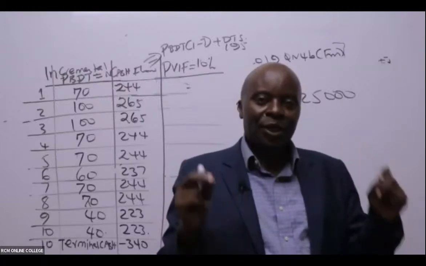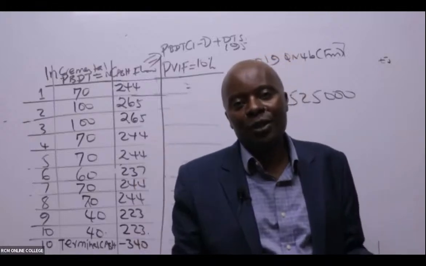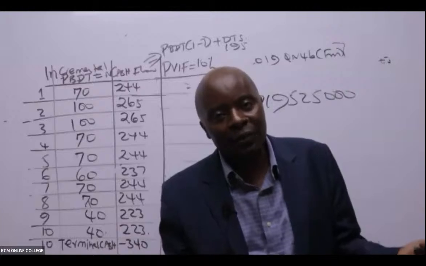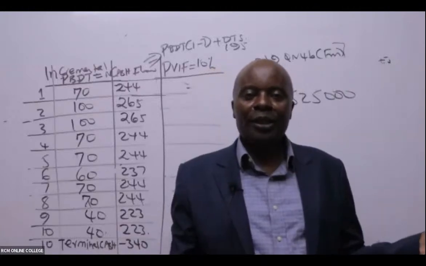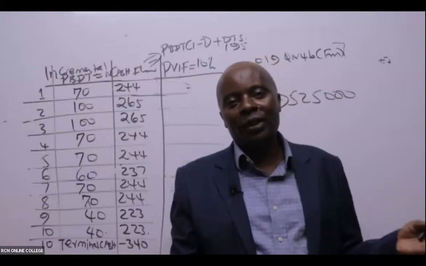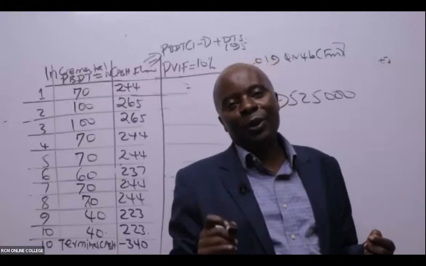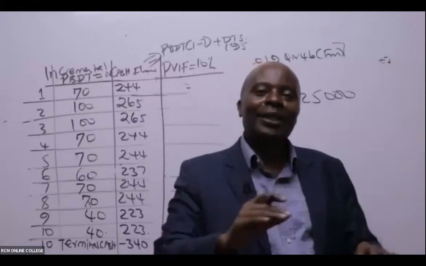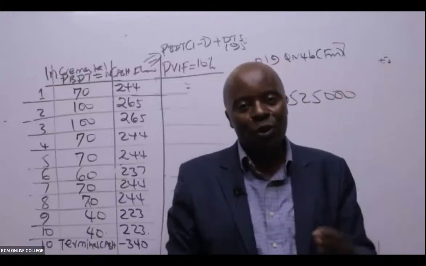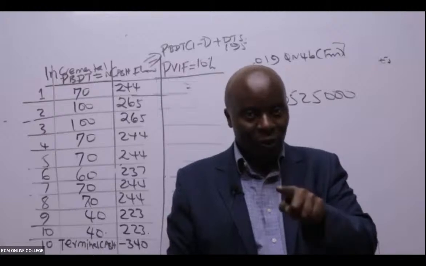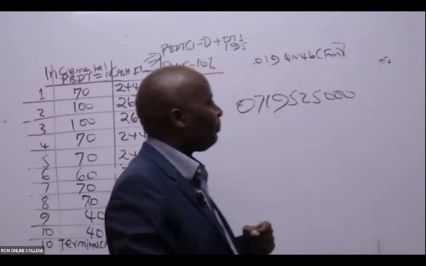A serious examiner would even want you to use Hamada's equation, Hamada's model, in getting the cost of capital. That's how we are at that level. This is a junior level, so they give you the cost of capital directly because they don't want to scare you when you are starting your career. At the advanced level, you have to go through some meanders to get it, which I'll teach you.